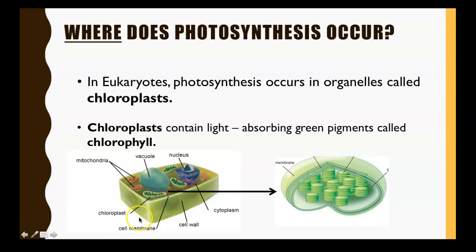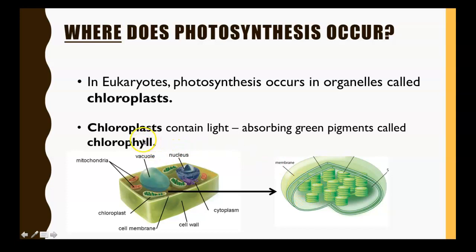And from the video, you should have learned that here's our chloroplasts, okay? And chloroplasts contain these green flattened discs called thylakoids, and inside these thylakoids are chlorophyll, okay? And those are those light absorbing green pigments, okay? So here's our chloroplast. Inside the chloroplast we have these green flattened discs that contain chlorophyll.